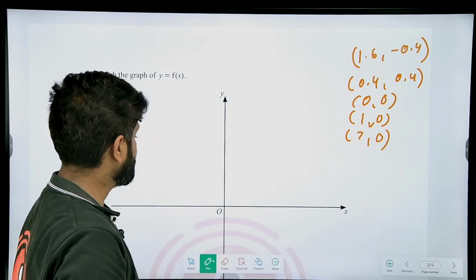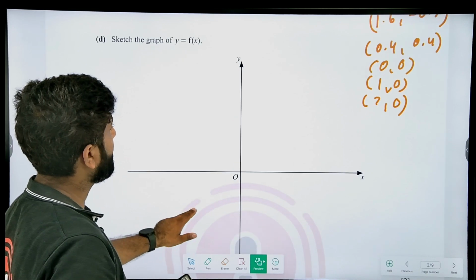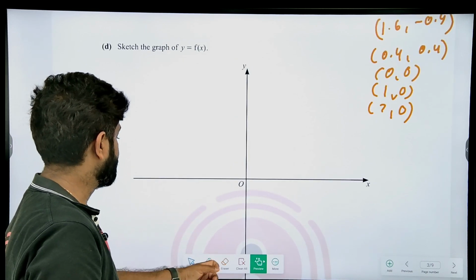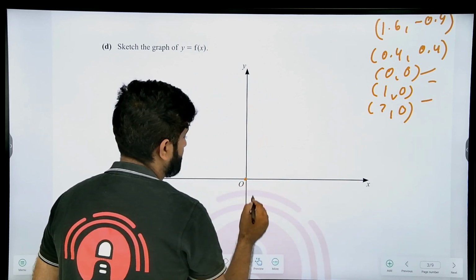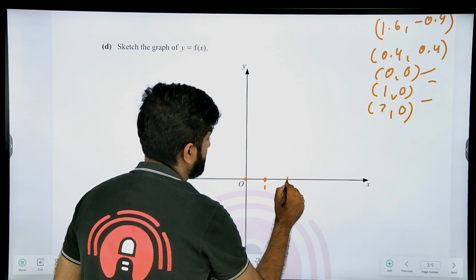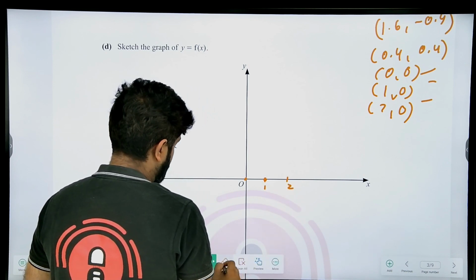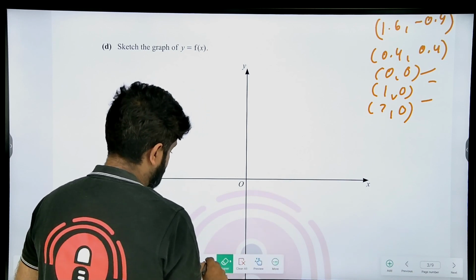Now what I'll do, guys, I'll simply plot these values in the graph and try to find the shape of the curve. First I'll plot these. So I have 0, 0. Let me take a better scale for the graph.